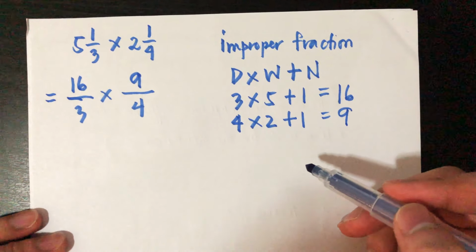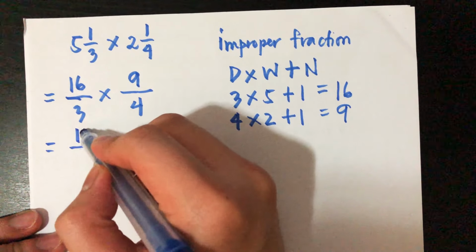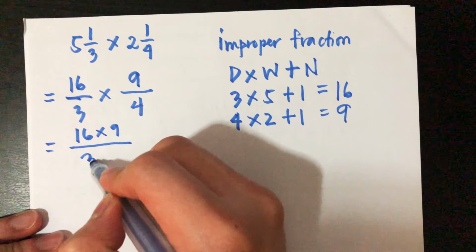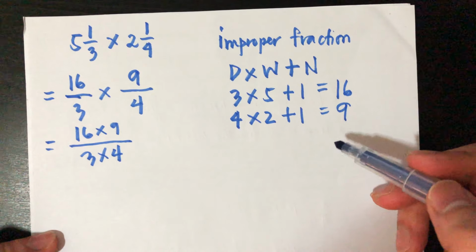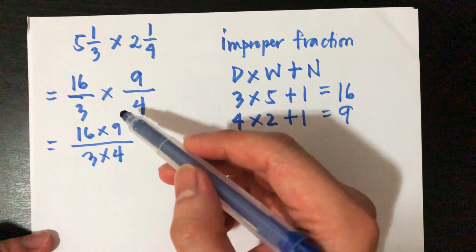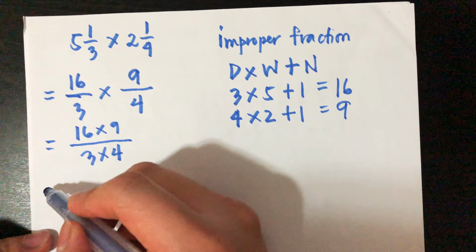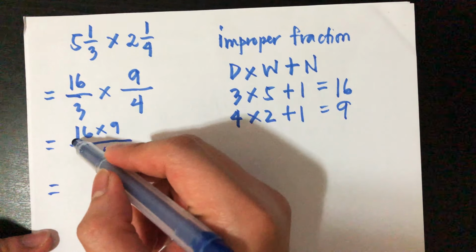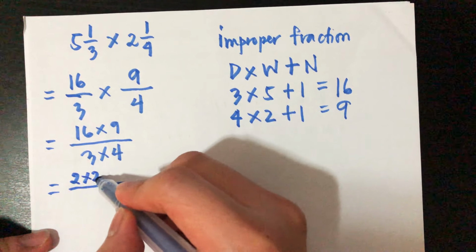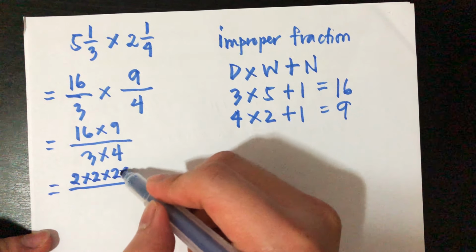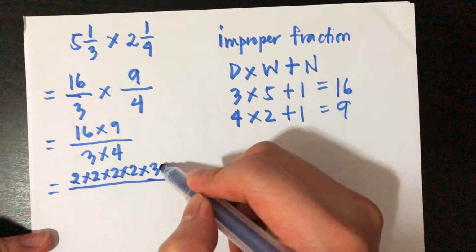Now proceed to multiplication of fractions. So we have now 16 times 9, and we have 3 times 4. Now the second step is we need to factor out 16, factor out 9, and factor out 4. 3 is already a prime number, so no need to factor that out. So the factors of 16 is 2 times 2 times 2 times 2. Then for 9, we have 3 times 3.